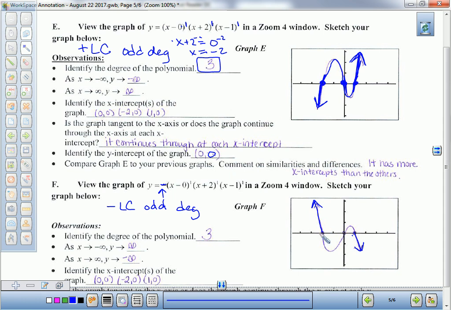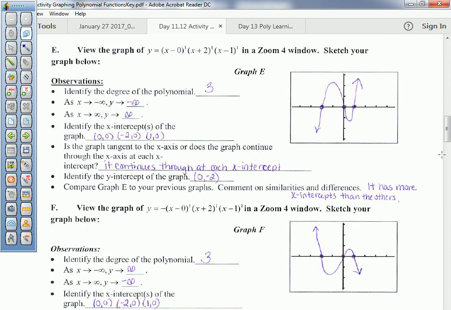And then at each one of these intercepts, because these factors are just to the first power, it passes straight through, passes straight through, passes straight through. Okay, questions about it? All right, let's keep going.